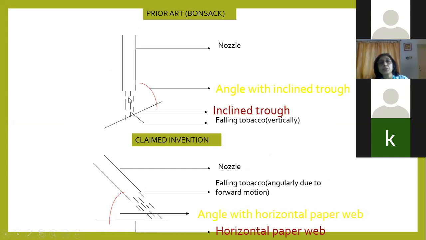The tobacco was falling vertically, but the trough was inclined. So there was an inclination angle.